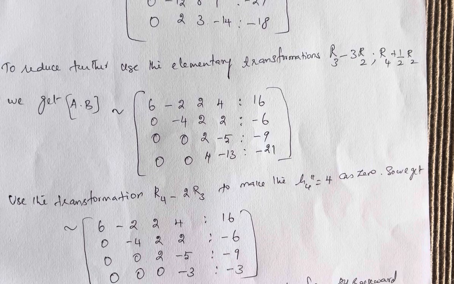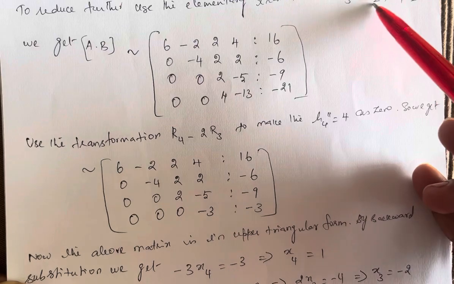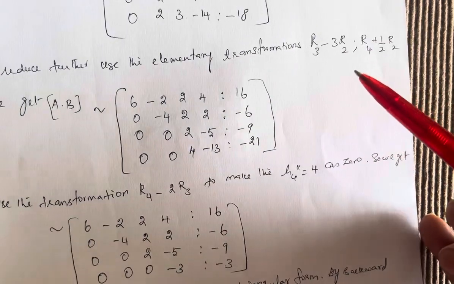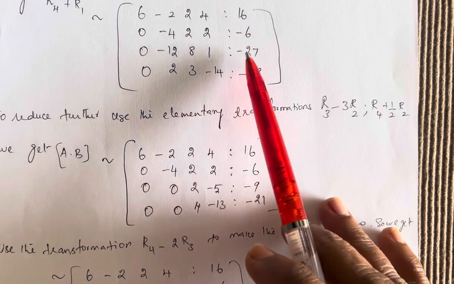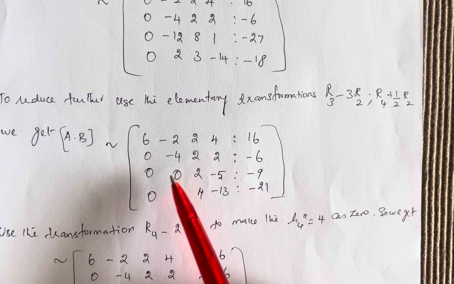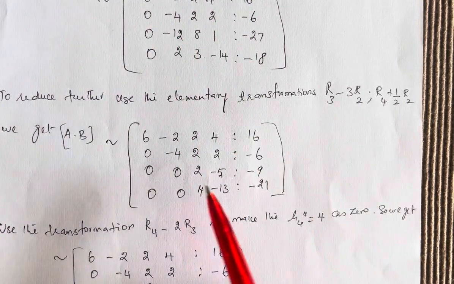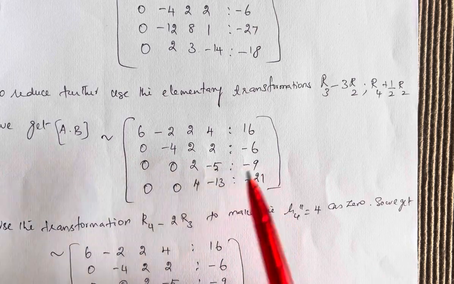So going R3 minus 3R2, I have to multiply the second row by 3 and subtract from R3. By doing so, the minus 12 becomes 0, and I am getting 0, 0, 2, minus 5, minus 9.